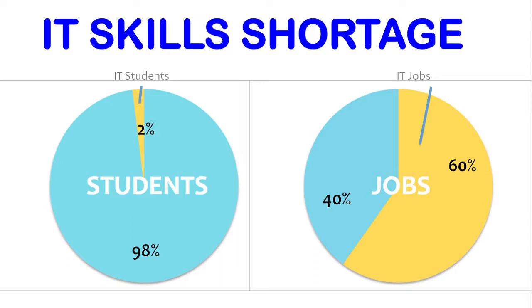But yet, if you look at the jobs market, 60% of the jobs are IT related. Now, that's a pretty amazing stat, and this stat is legit. It is from an organization called Sentinus, who are actually running a careers in IT presentation tomorrow, Thursday morning, which you're all welcome to tune into.